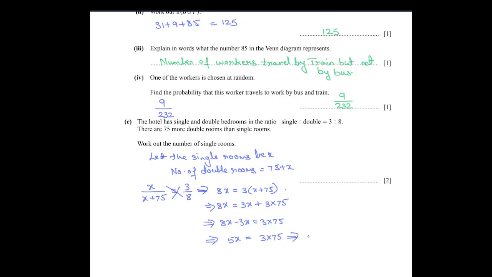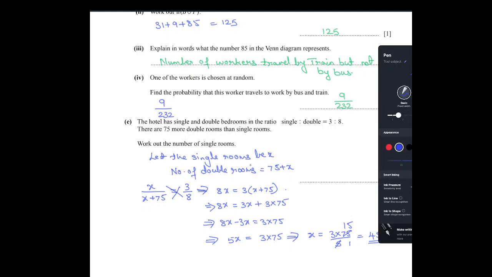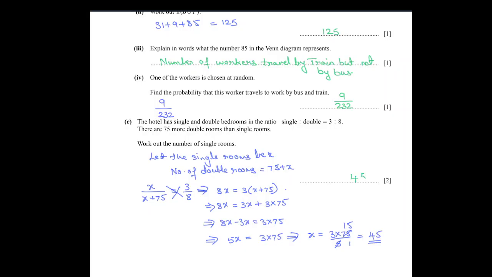This gives you x is equal to 3 into 75 by 5. 5 ones are 5, 5 fives are 25. So 45 is the number of single rooms here. We need to find the single rooms only, so 45. Question number E is done.